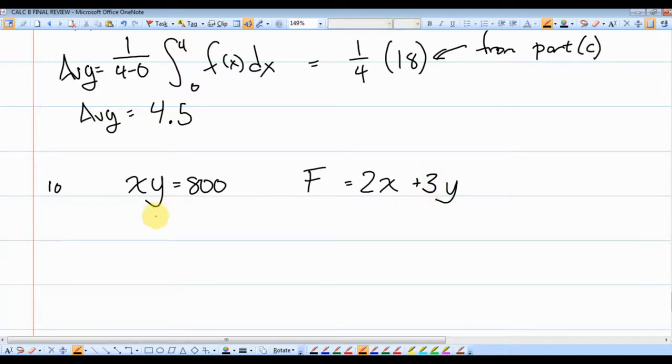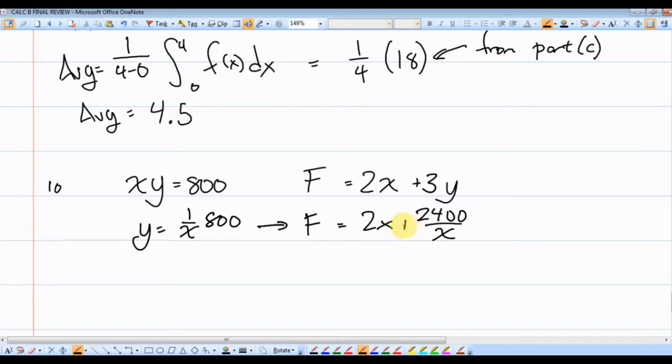We're going to solve here. We're going to say y equals 800 over x. So now we can substitute that in here and say f is going to be equal to 2x plus 3 times 800 over x, which is 2400 over x.